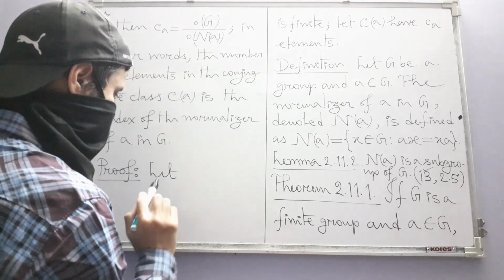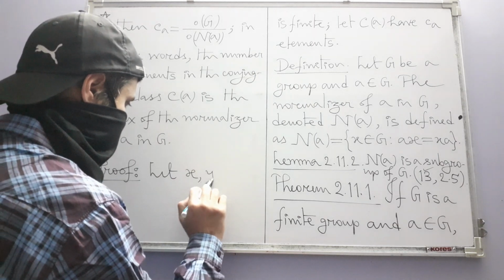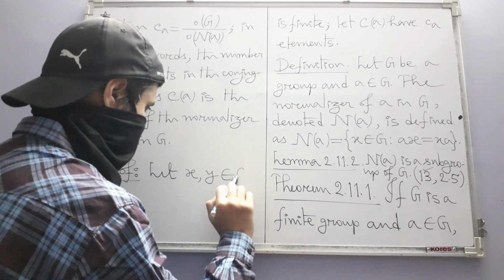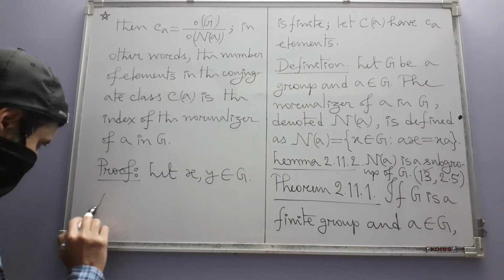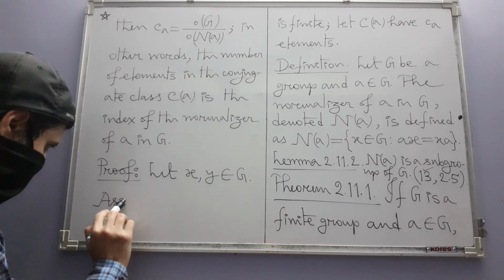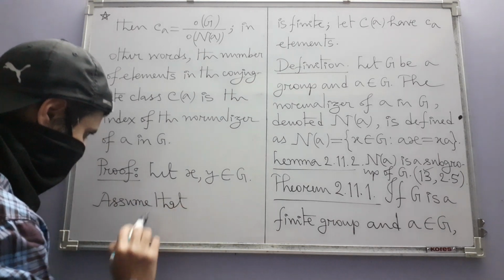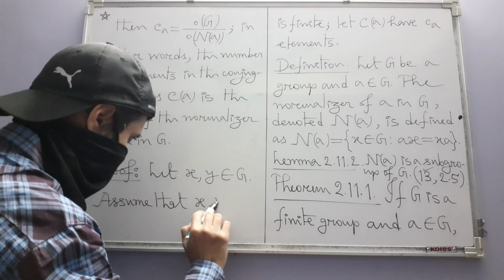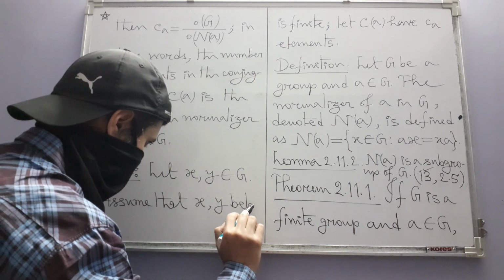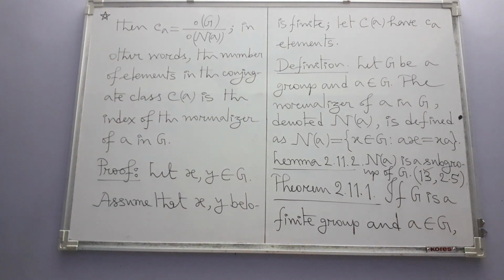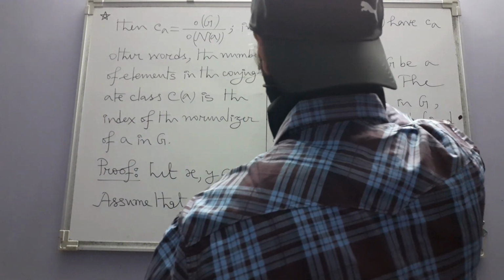Okay, let us first consider two elements x and y belonging to G. Assume that x and y belong to the same right coset of N(A) in G.